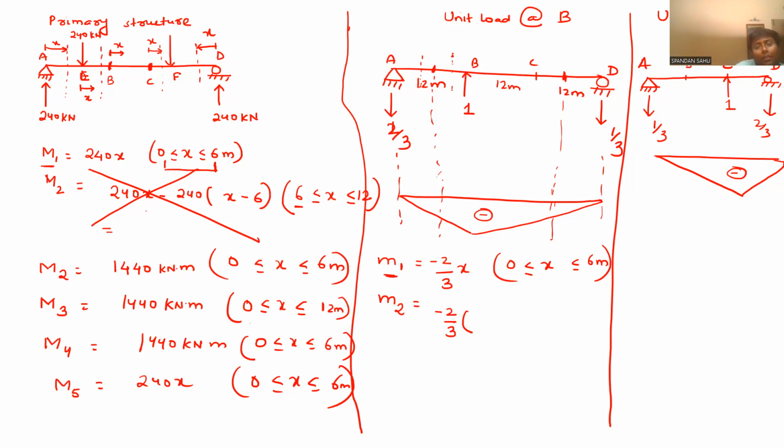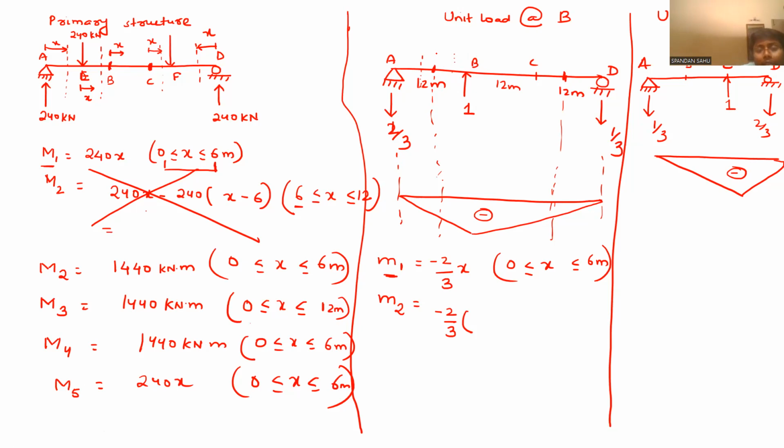You didn't get the point, I guess. You cut a section here. If you are cutting a section at this point, to the left side of your beam there is only one force which will provide bending moment at that location.